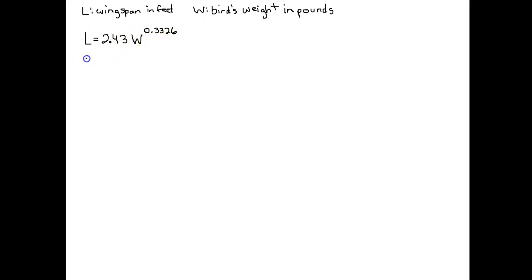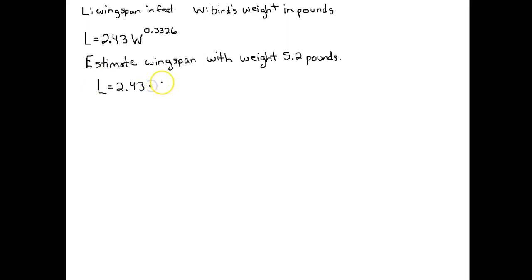Okay, so then let's say we want to estimate the wingspan with a weight of 5.2 pounds. So we're going to take 2.43 times the weight in pounds, so 5.2 raised to the 0.3326. You have to follow your order of operations.